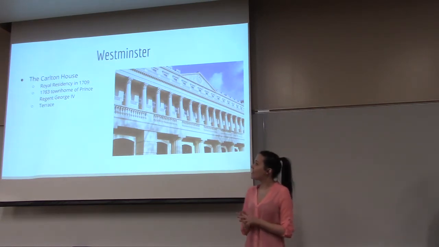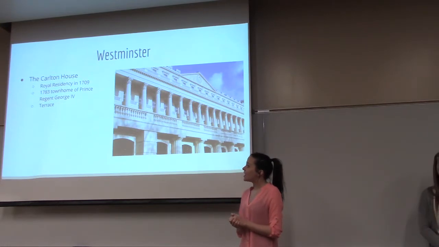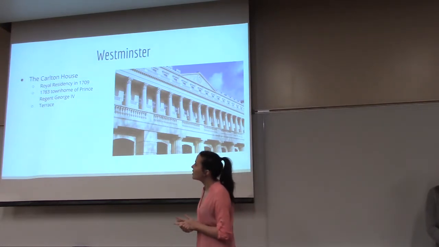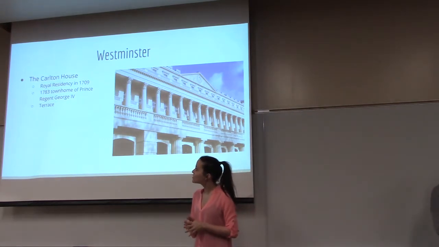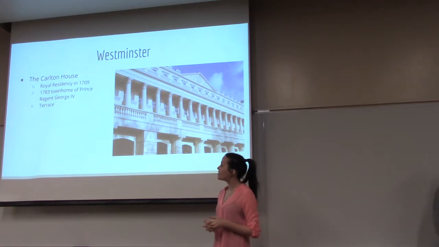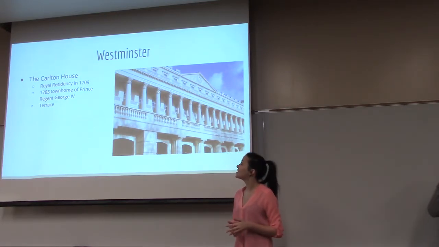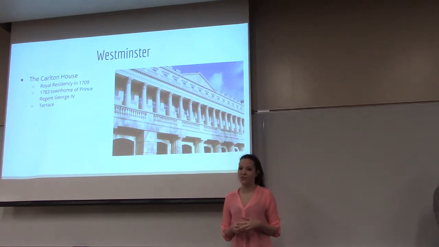They also have the Carlton House, which is the area that we are visiting. It was a royal residency in 1709, and it was the home of the Prince Regent at the time, so it was very popular, and now it's the Westminster Carlton House Terrace that we're going to see.